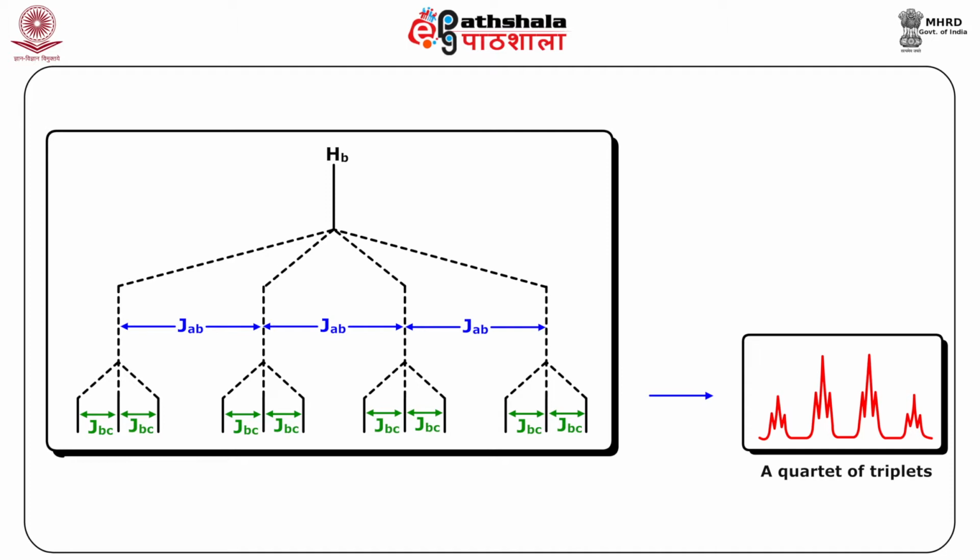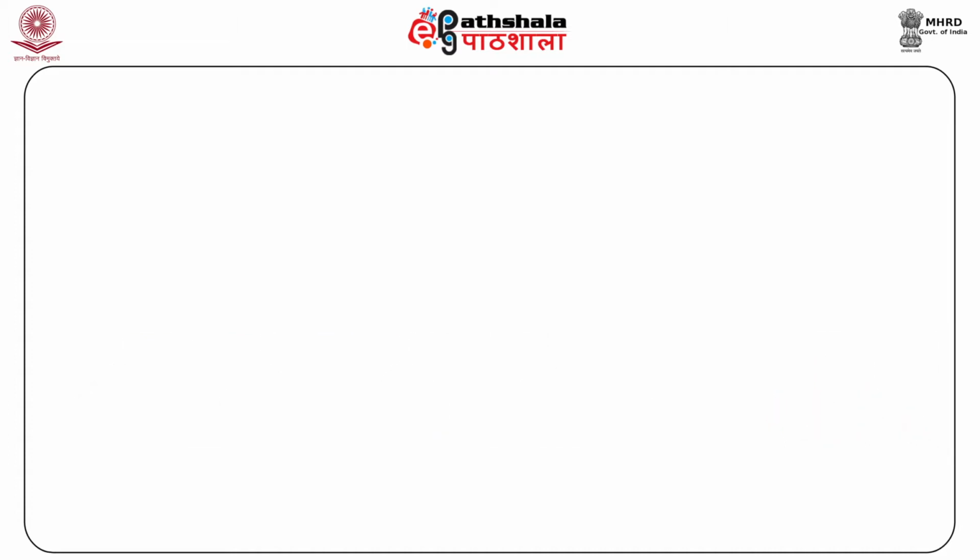If JAB is much greater than JBC, then the signal will appear as a quartet of triplets as shown for the example discussed above. If however JBC is much greater than JAB, then the signal will appear as a triplet of quartets.